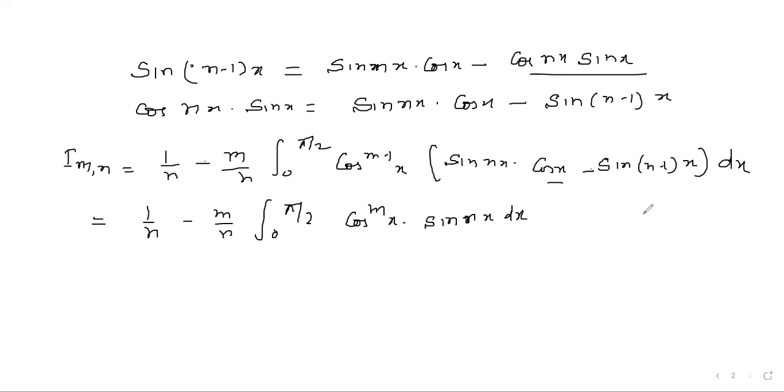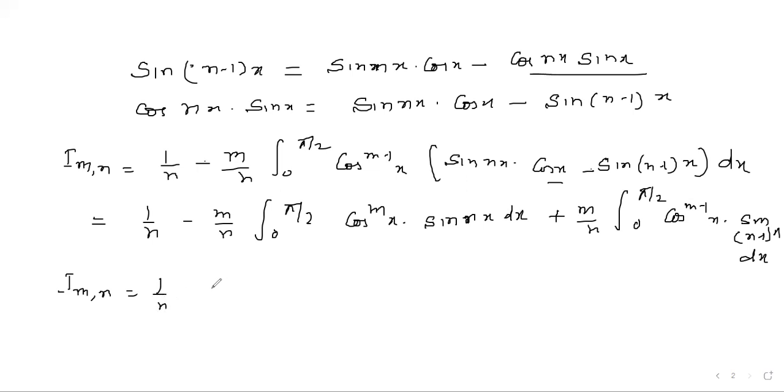So we can write it as plus m upon n integral 0 to pi by 2 of cos^(m-1) x sin (n minus 1)x dx.